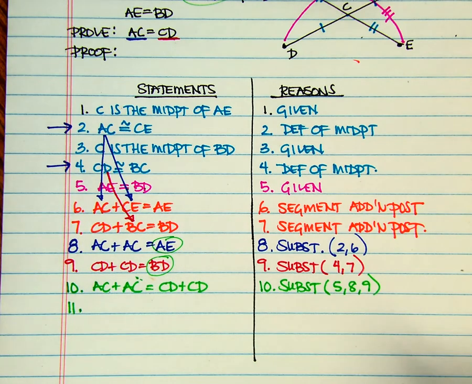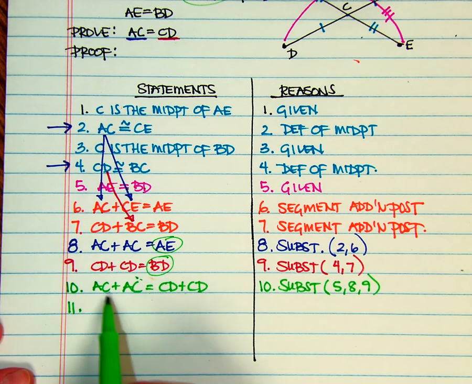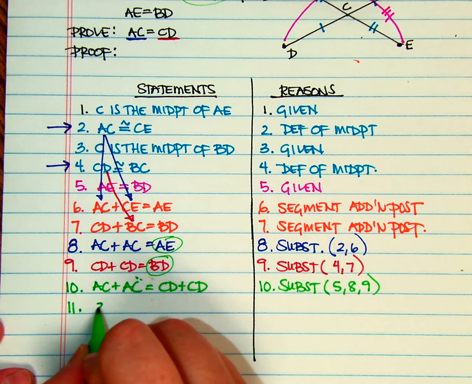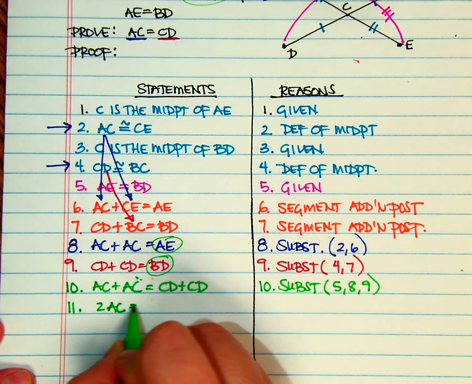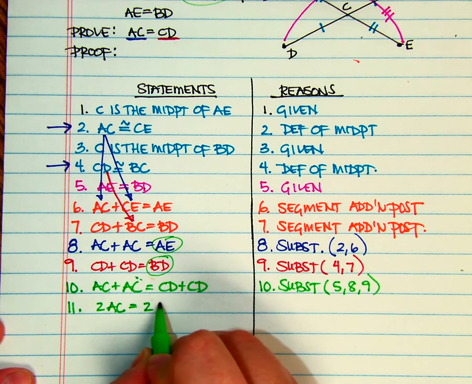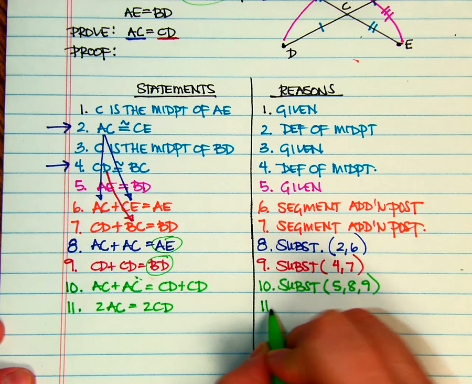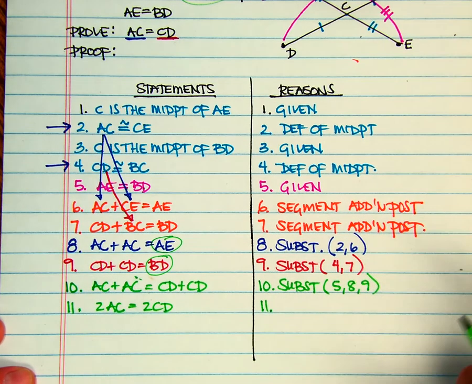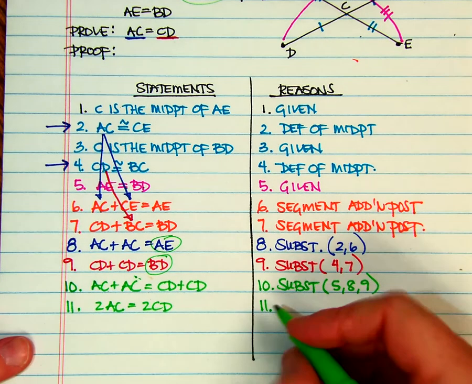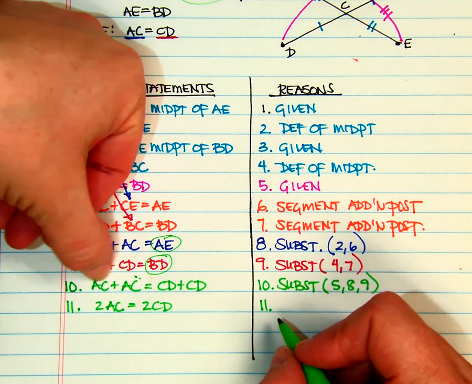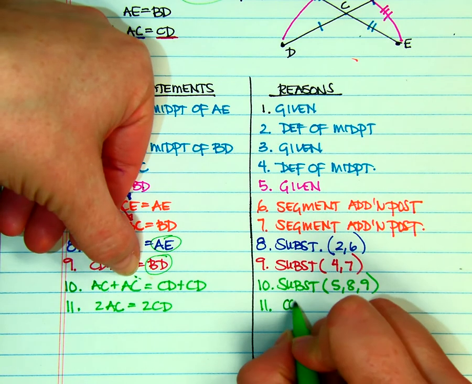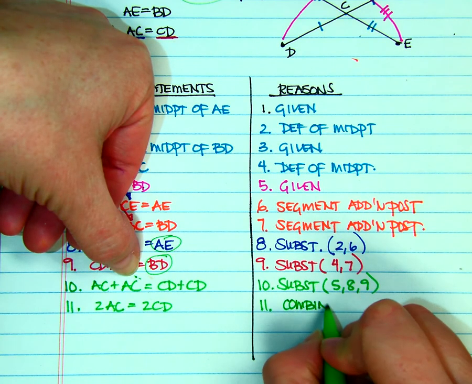Okay, so now I'm looking at it going, I have AC plus AC. So that means I have 2 ACs. This means I have 2 CDs. And this would not be substitution. It's not the addition property. Because I'm just combining these two on the same side, this would be combine like terms.